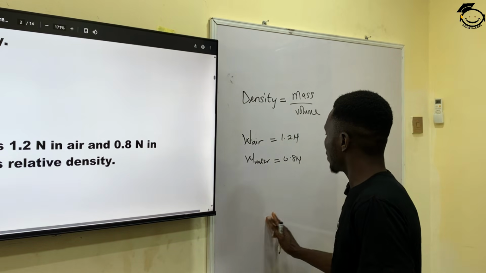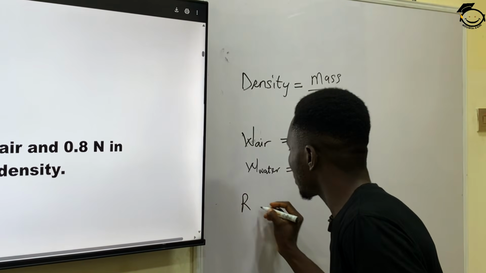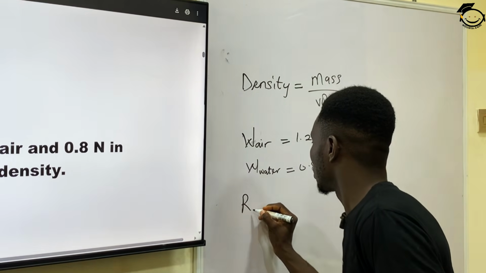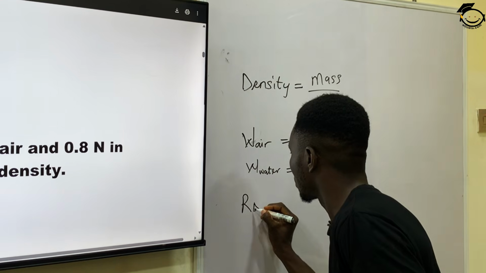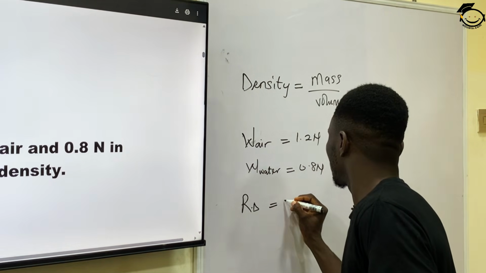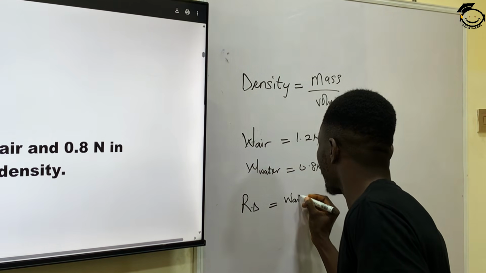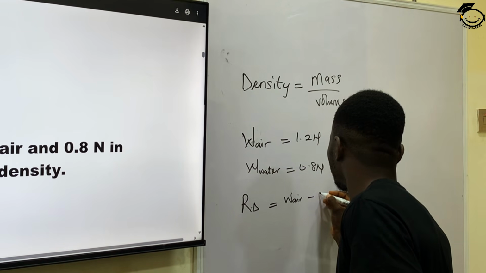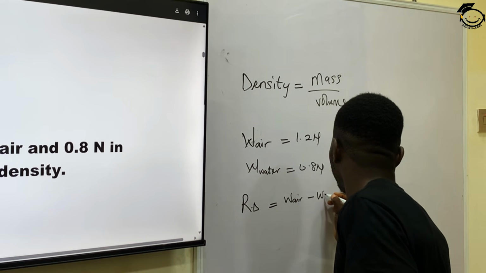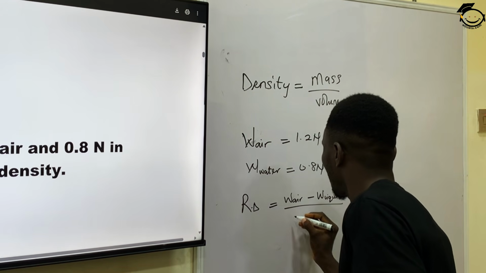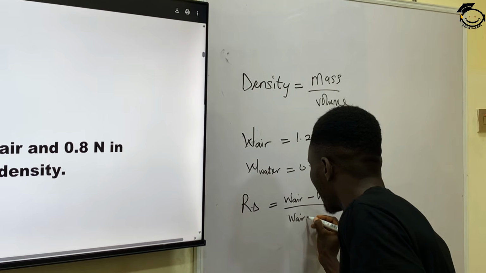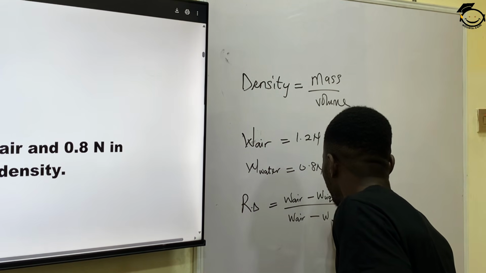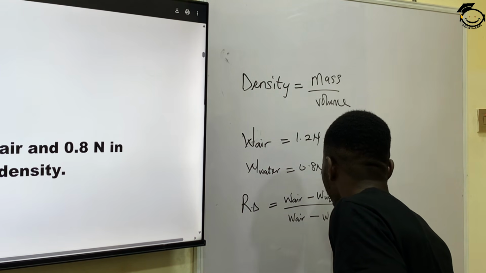So if we are to find the relative density, our relative density is equal to weight in air minus weight of liquid over weight in air minus weight in water.